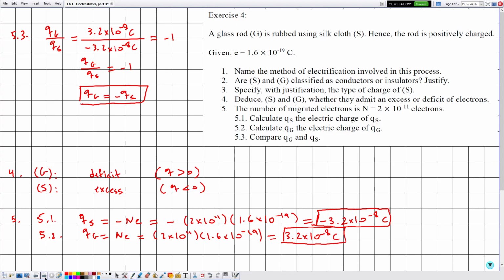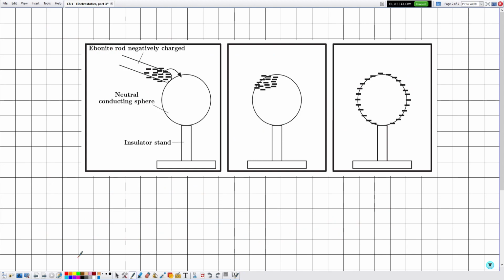And now let's move to the next important section, which is another electrification method known as electrification by contact, which is conduction.